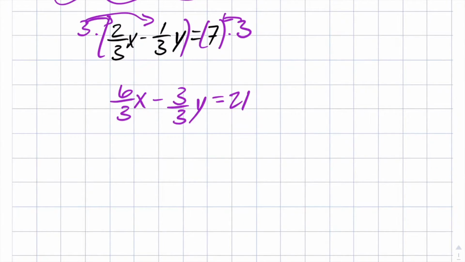And by simplifying, I mean just divide, because it goes in nicely. 3 goes into 6 2 times, so just bring down the x, minus 3 goes into 3 one time, and we just bring down the y. You don't have to write the 1, but you can if you want, equals 21. Now we got rid of the fraction, and here we go.